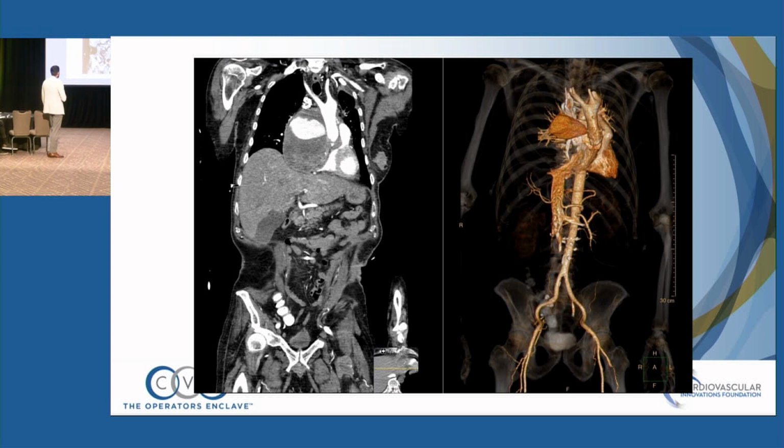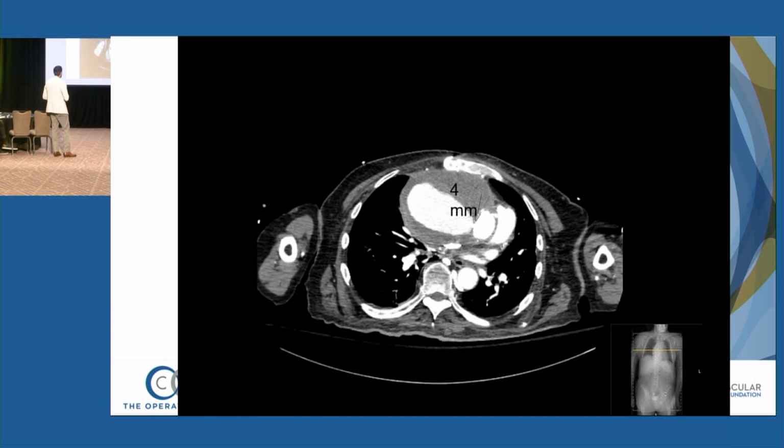On the image on the right, you can see the jet of contrast coming out of the ascending aorta, filling that pseudoaneurysm. This is presumably breakdown of his repair from his ongoing infection, despite completing his course of antifungals. The neck of that pseudoaneurysm was about 4 millimeters wide.